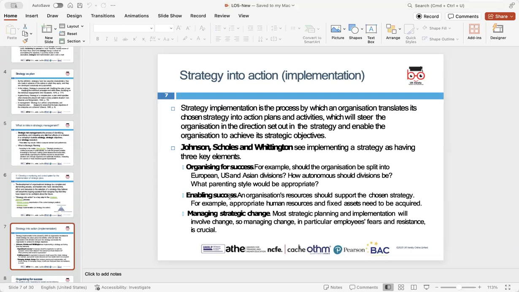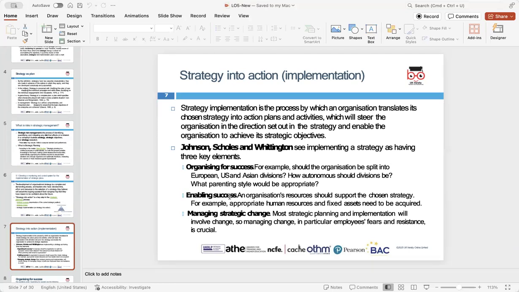Achieving strategic objectives requires careful coordination of resources and activities across all levels of the organization. Johnson, Scholes, and Whittington identified three key elements for successful strategy implementation: organizing for success, enabling success, and managing strategic change.